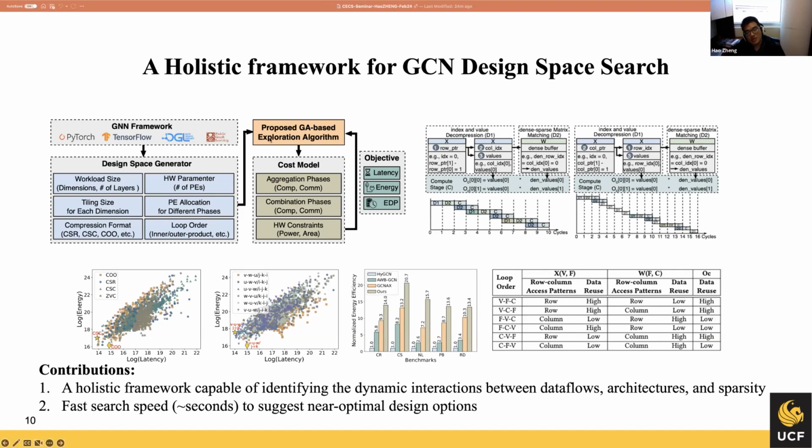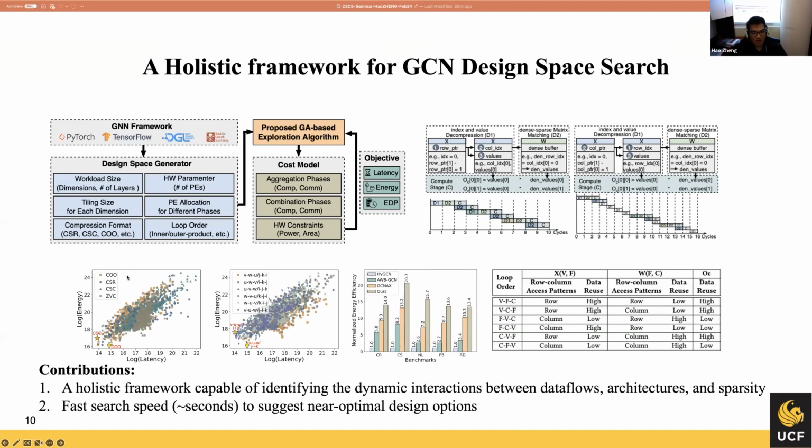Through these optimization techniques, we found some interesting dynamic interactions between the data flow architecture and the sparsity optimization techniques. For example, we found the incompatible data flow and compression format will significantly hurt the performance of the pipelining, which means if you don't find a suitable data flow or architecture design, this will hurt the pipeline efficiency.